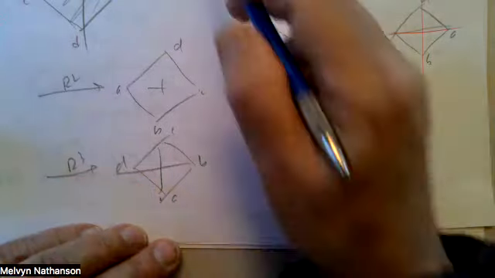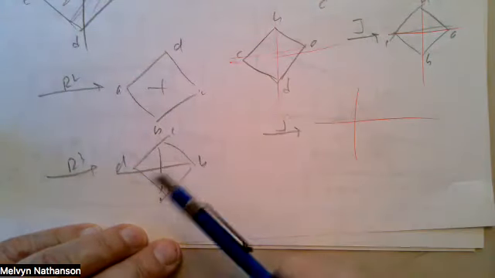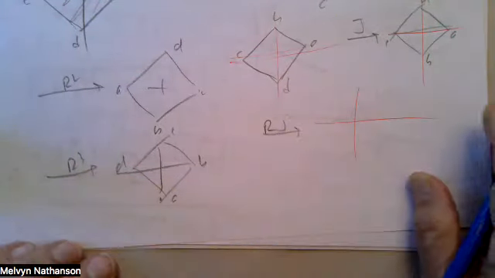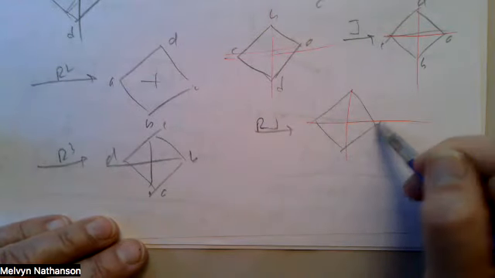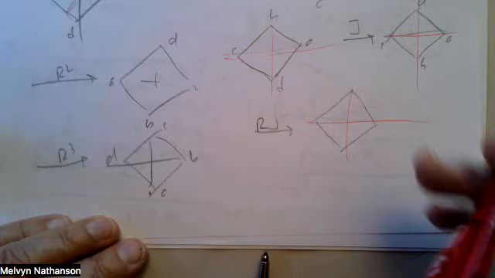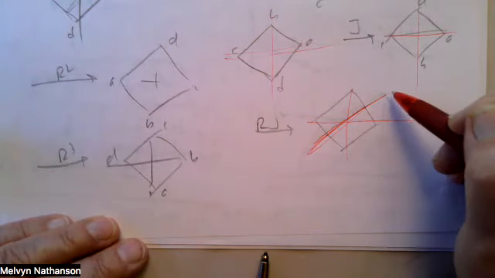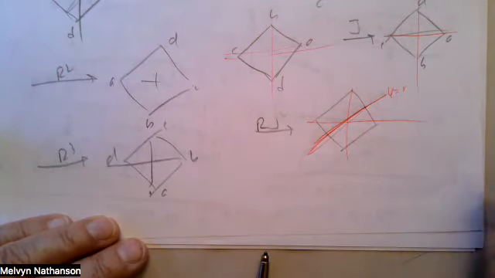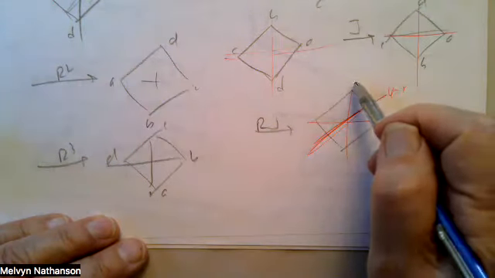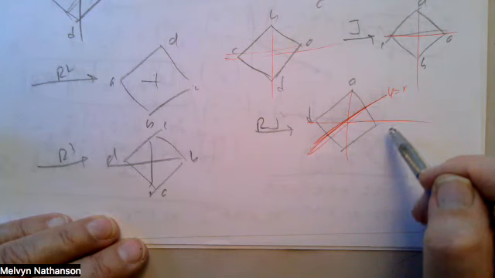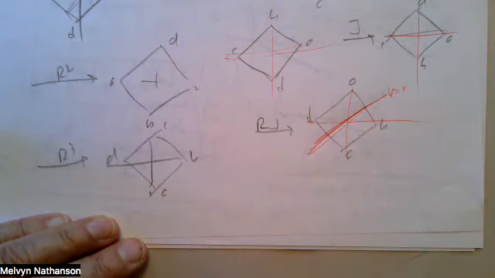If I apply RJ to the square, RJ was reflection through the line y equals x. Here's the line y equals x. If I reflect the square through that, this becomes AD, and this becomes BC.